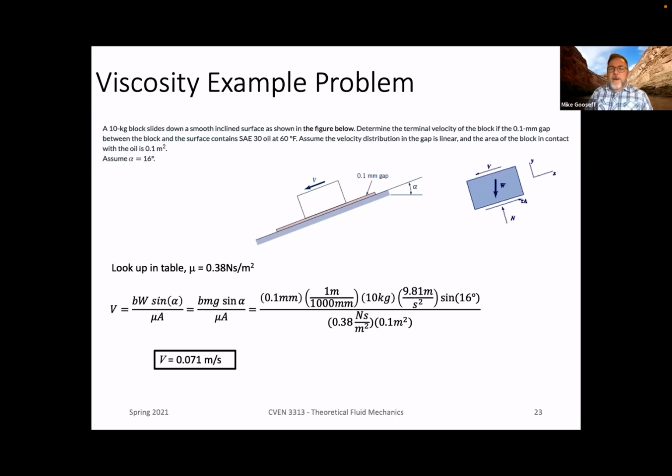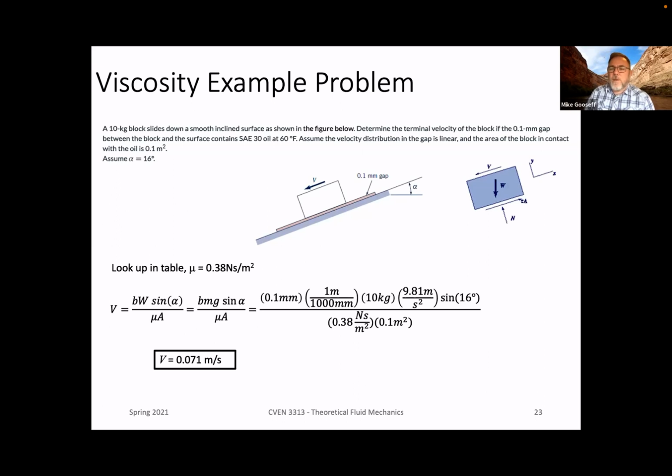And in a relative sense, it makes sense in that it's not 7,000 meters per second, right? That would seem a bit too fast. But it's also not the snail's pace of 0.07 millimeters per second, right? That would be 1,000 times slower. So just try to think a little bit about whether these seem reasonable to you as you work through them.